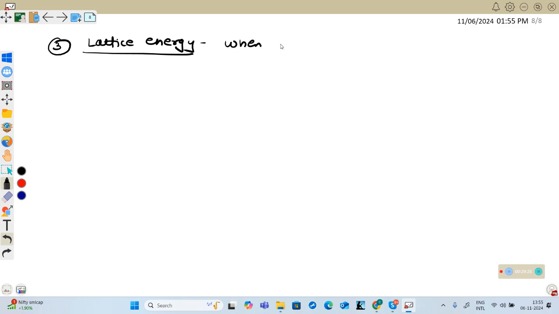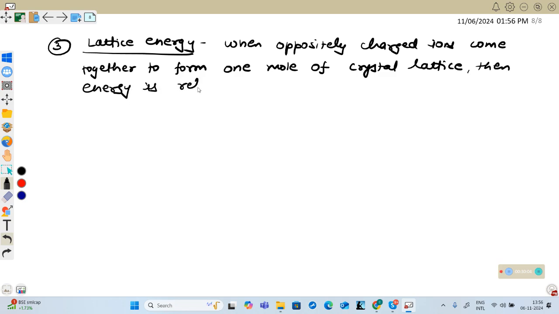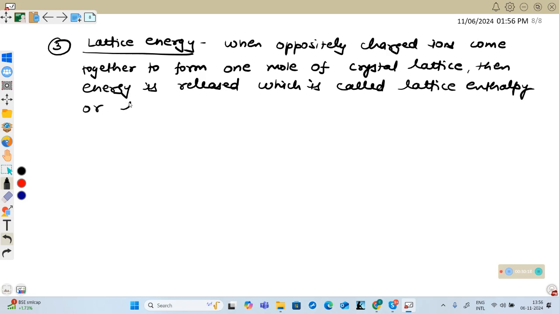So when oppositely charged ions come together to form 1 mole of crystal lattice, energy is released, which is called lattice enthalpy or simply lattice energy.